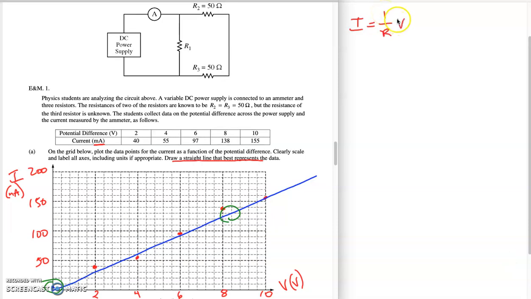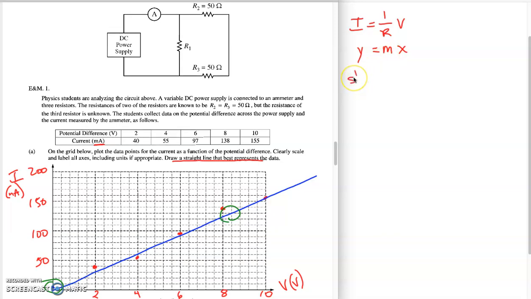in the form that the current is our y variable, our voltage is our x variable, and they told us this. They told us way back here the current is a function of the potential difference, and that means that the slope of the line is going to be 1 over the resistance.